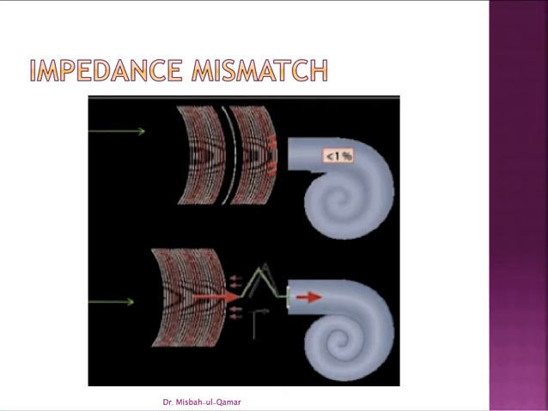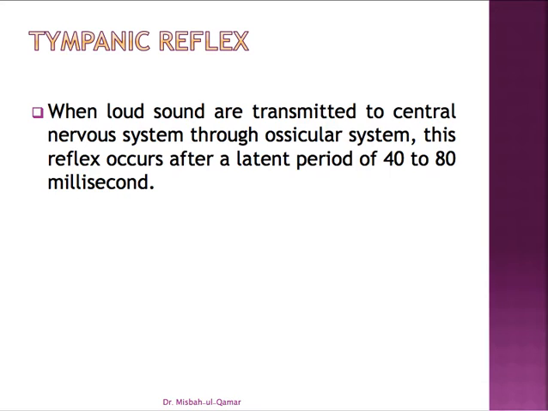So this is how the middle ear performs a very important function of impedance matching, and the other function, which is a protective reflex, that the middle ear provides, is called the tympanic reflex. This protective reflex is also called the attenuation reflex.